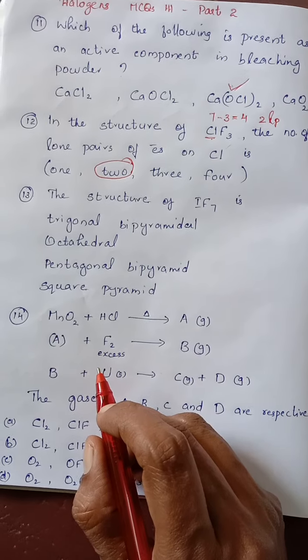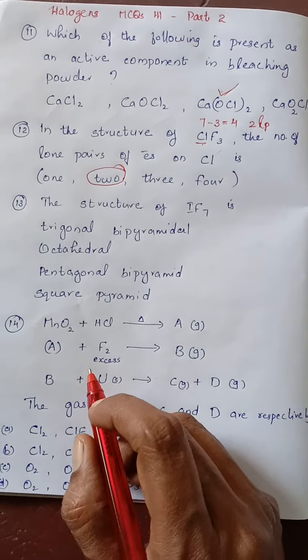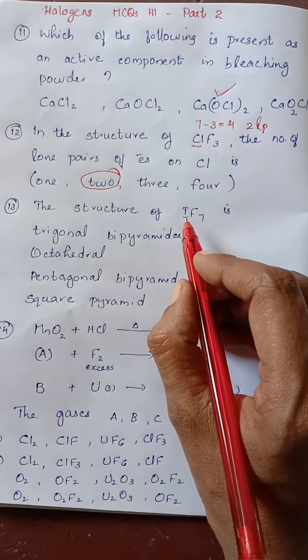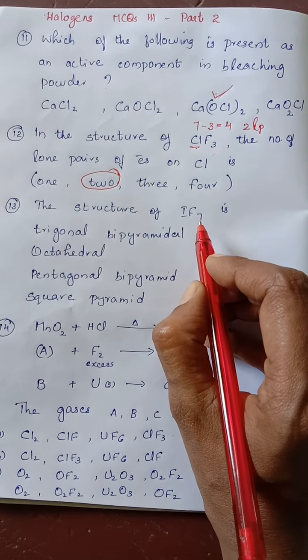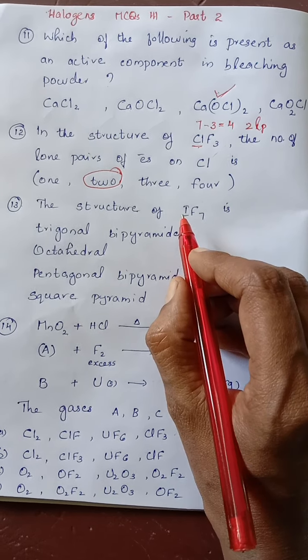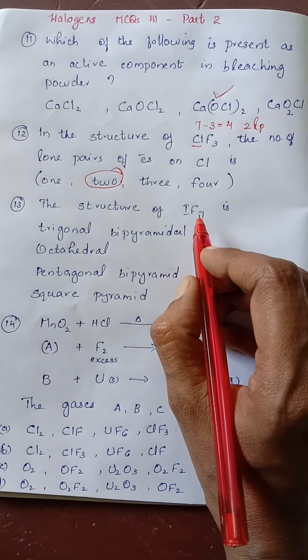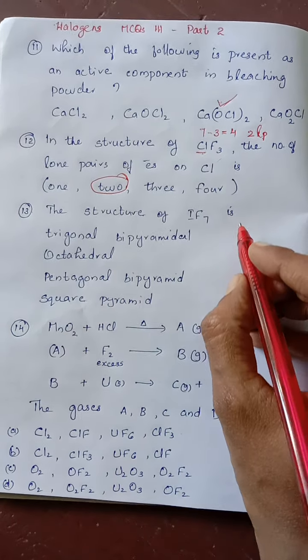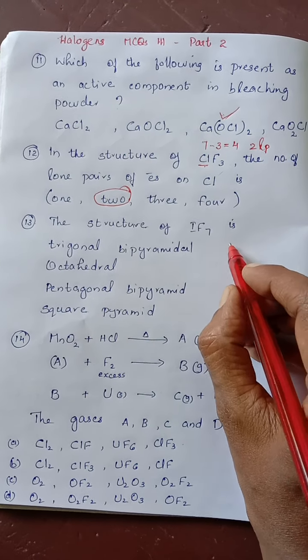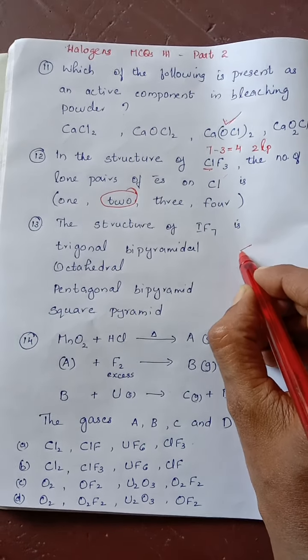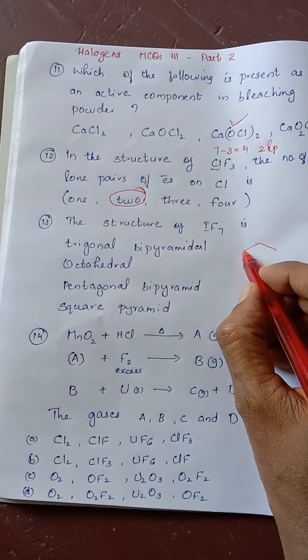The structure of IF7. IF7, iodine heptafluoride. Around iodine there are 7 bonds, 7 bond pair electrons. The geometry is pentagonal.